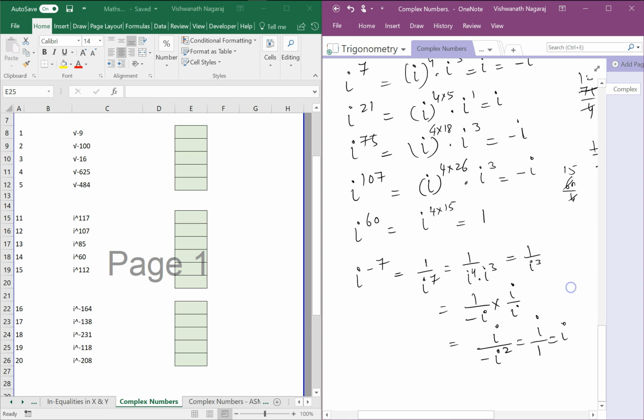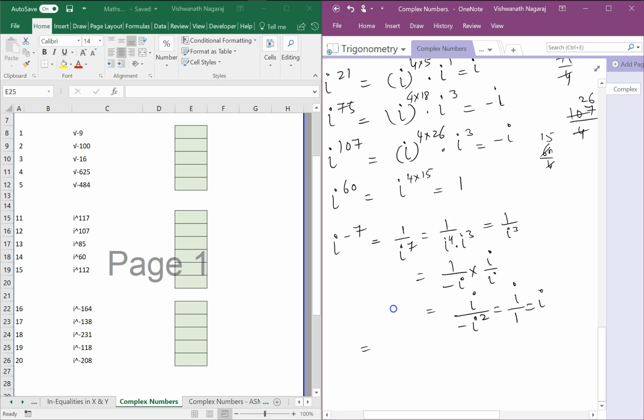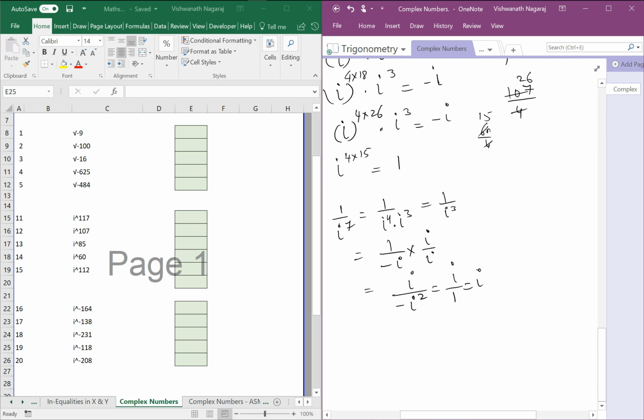Now instead of doing all these steps, a better way is to check whether minus 7 is a multiple of 4. So minus 7 divided by 4. 4 ones, yes, 4. Remainder is 3. So 4k plus 3.